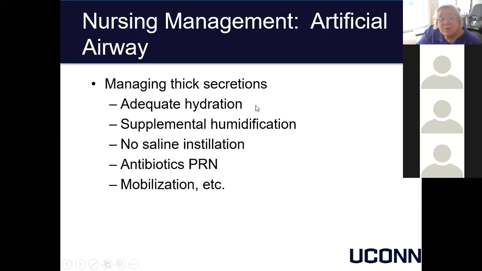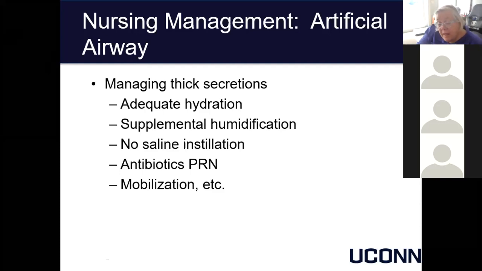Patients have thick secretions. We want to keep them hydrated. We can humidify the air that's coming through the O2 source. We no longer use saline to loosen secretions. That's been shown to, again, increase the rate of pneumonias.